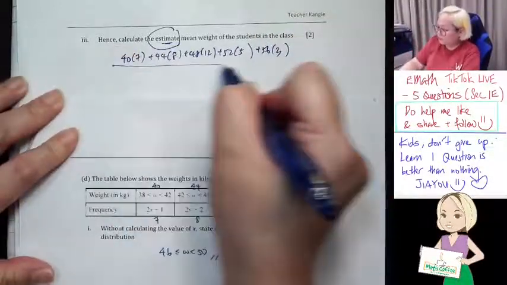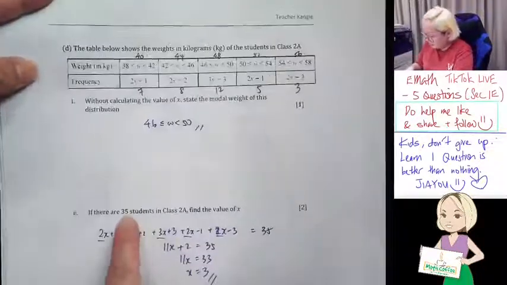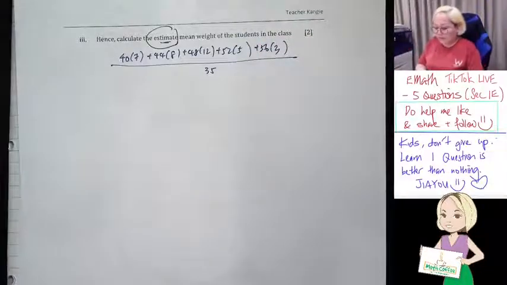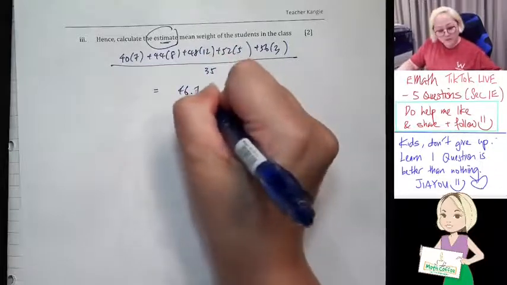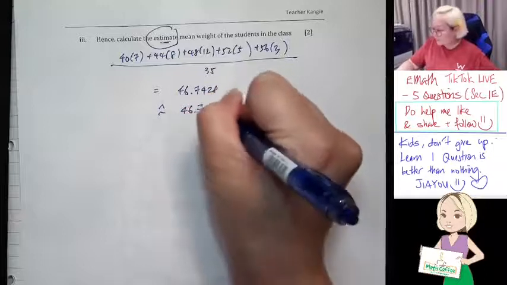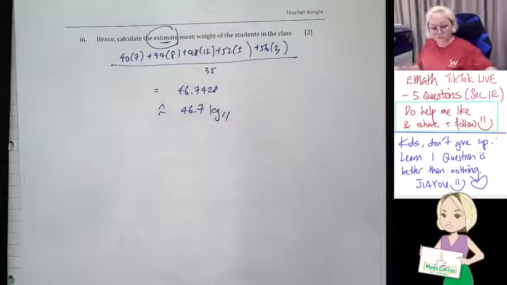The whole thing over, how many data do I have? I have 35 students. So it's out of 35. So in the end, I will get 46.7428. Round it off to 3 SF, 46.7 kg. So this is the estimate mean weight.